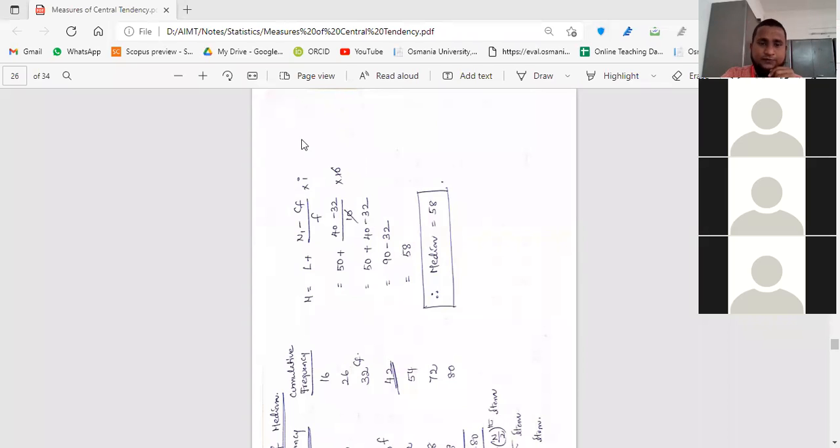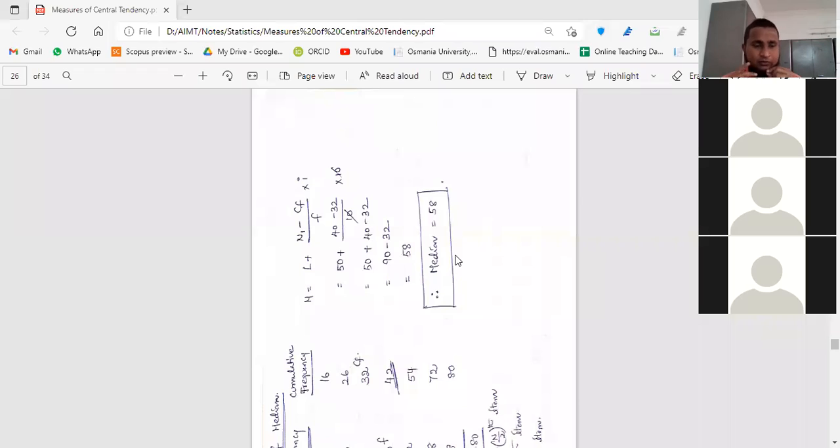Okay, sir. So this formula is a little bit tricky. You have to remember this formula. If you do not remember it, it is difficult to solve the problems. I already told you statistics is based on formulae only. If you do not remember the formulae, it is difficult to solve the problem in statistics. It won't follow any logical step.